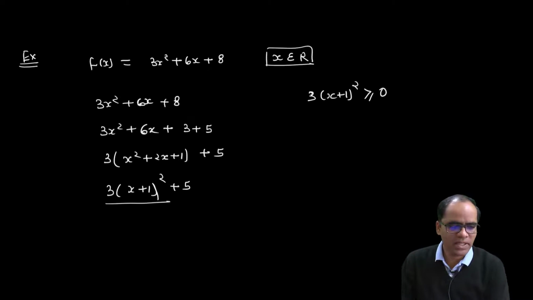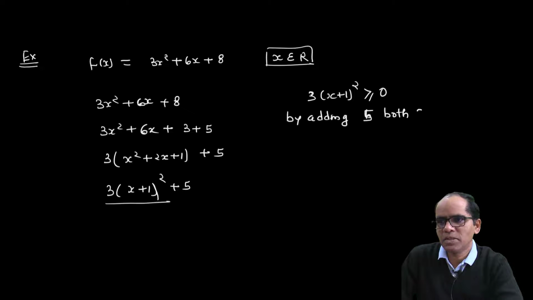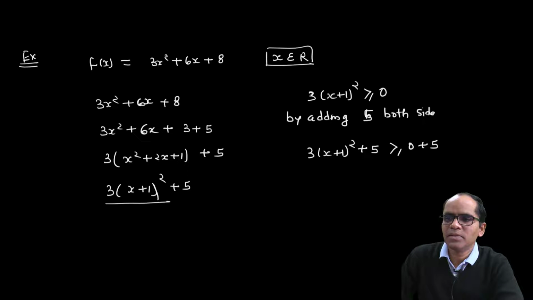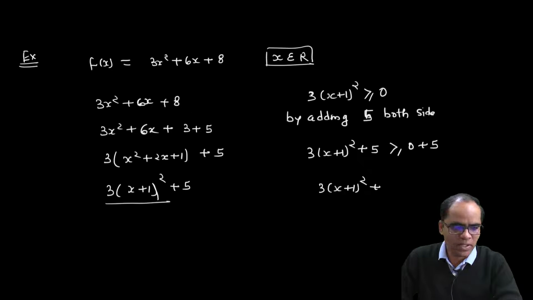So 5 is there, so by adding 5 both sides, 3(x plus 1) square plus 5 is greater than equal to 0 plus 5. So here we can clearly see that 3(x plus 1) square plus 5 is greater than equal to 5 only.